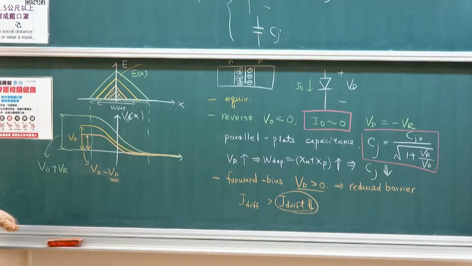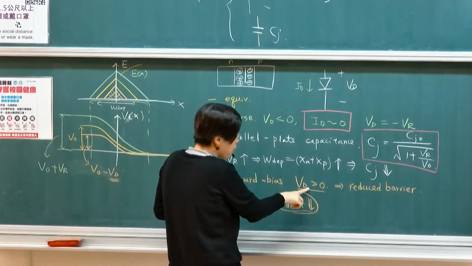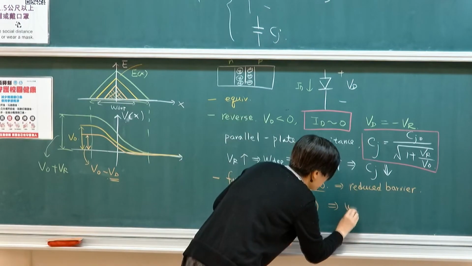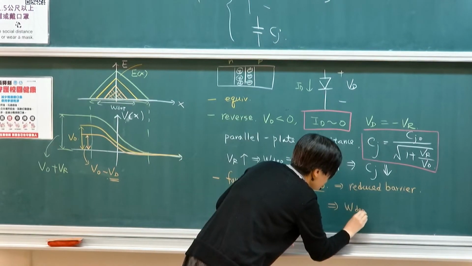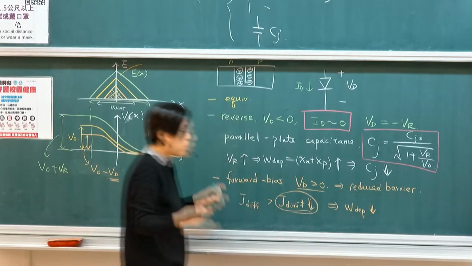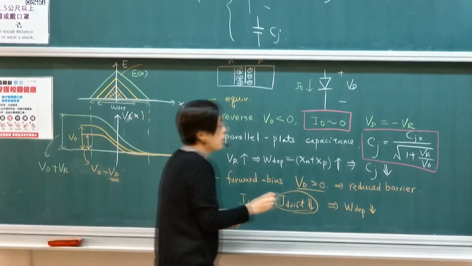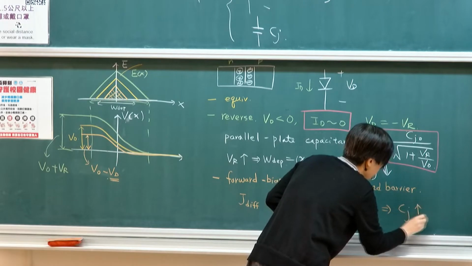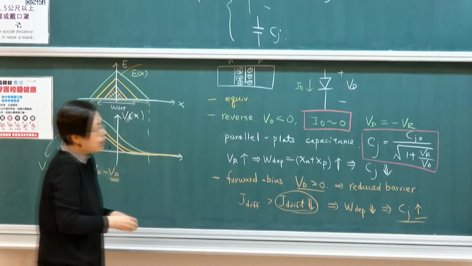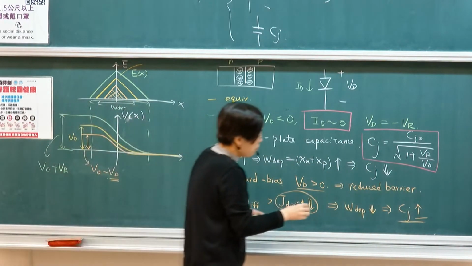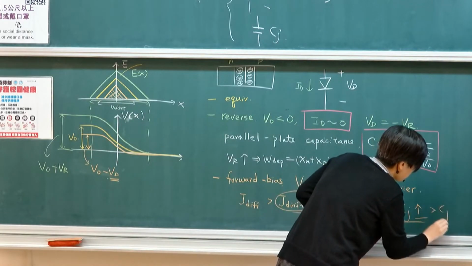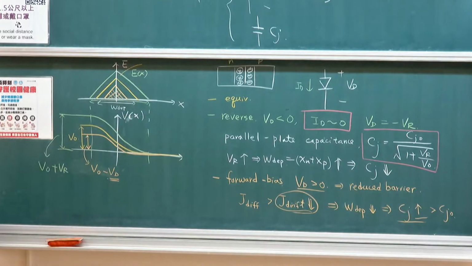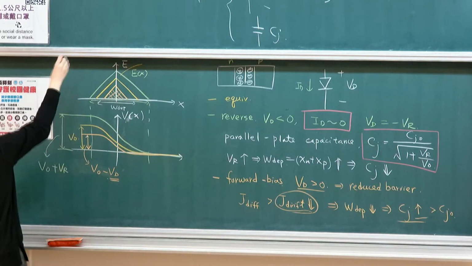That implies the reverse of what happened before will occur: your depletion region will shrink, and the junction capacitance will actually increase. When you forward bias, it will be higher than CJ0 if I'm plotting the CJ model.